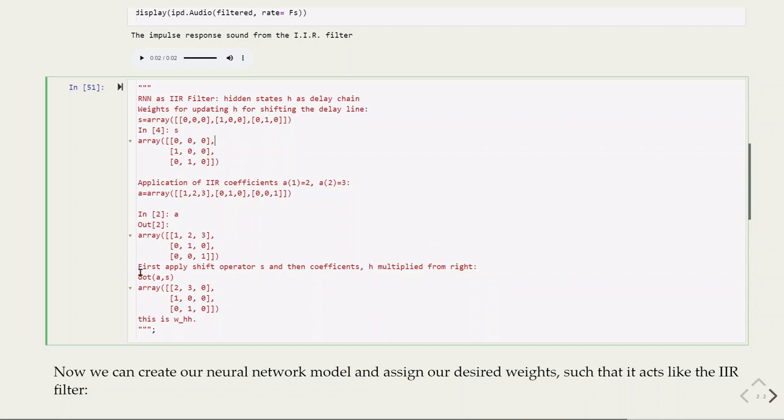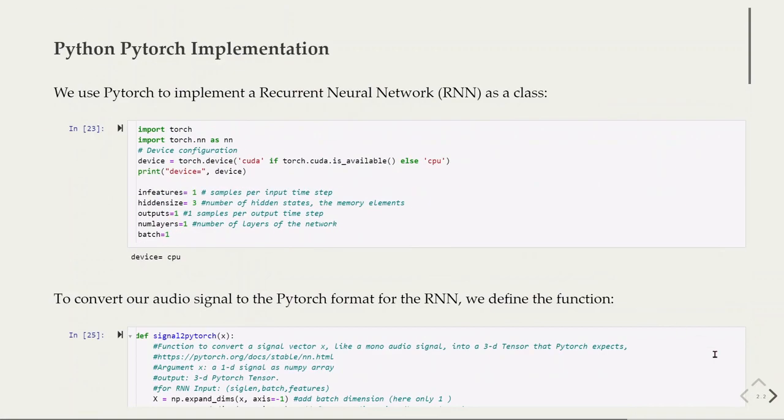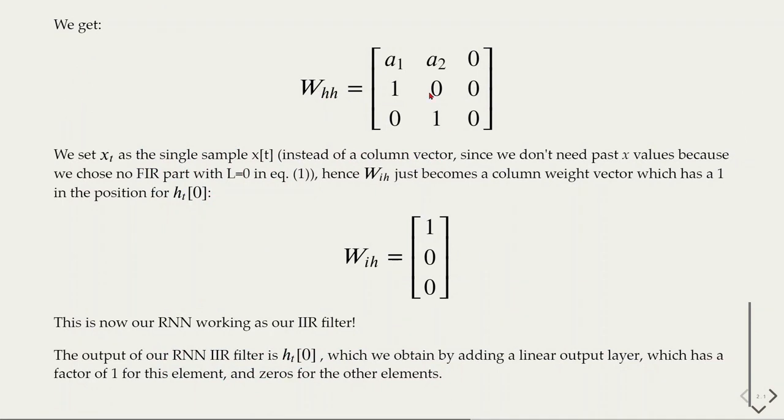So we are doing a dot product of A and S. We have our S array given here, we have our A array here. This will be the resulting matrix, and this is the W_hh. So we will have here 2, 3, 0, 1, 0, 0, 1, 0, 0. Looks very similar to this here: A1, A2, 0, 1, 0, 0, 0, 1, 0.